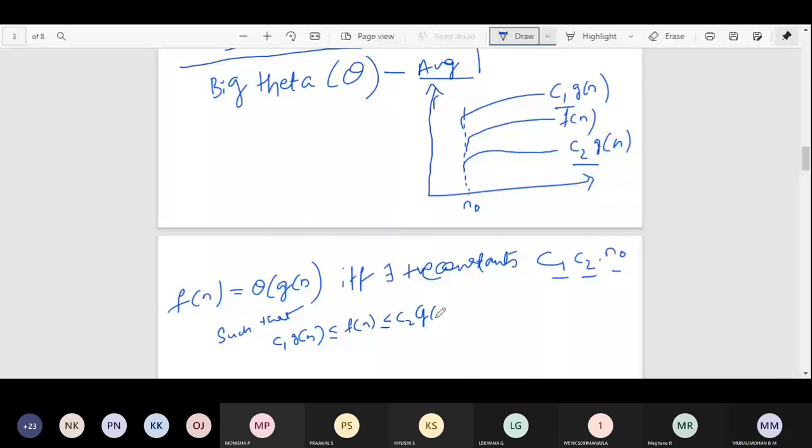Just see here, for all n such that n is greater than or equal to n0. See, everything remains the same, only this keeps on changing. You can see here f of n is in between C1 g of n and C2 g of n.